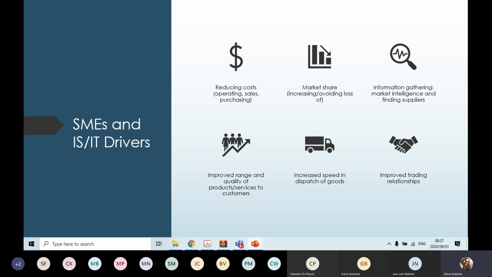Information gathering, market intelligence, and finding suppliers. Of course IT would be key with this, because you would be able to analyze data a lot better if you had better systems in place. Improved range and quality of products and services to customers. You could even use a third-party website to sell your products. So you've got Takealot, and let's say you are Fred's Footwear.